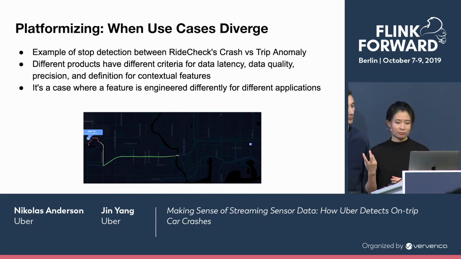Supposedly, the stop feature that feeds into our crash detection and this long stop detection that a trip abnormally needs should be quite similar. However, our products have very different criteria for data latency, data quality, data precision, and more importantly, we have different definitions of stops. Because of these reasons, it makes more sense for us to develop our own feature than to share one.